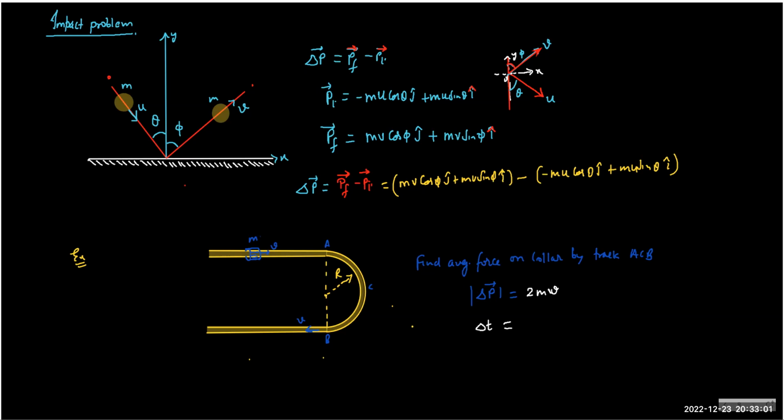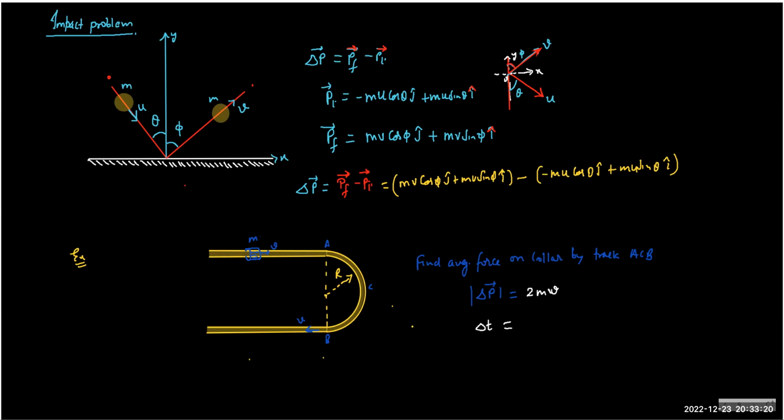R into theta by V. No, again tell me, where is theta? Come on. Why do you bring something which is not there? What is the simple definition of time?